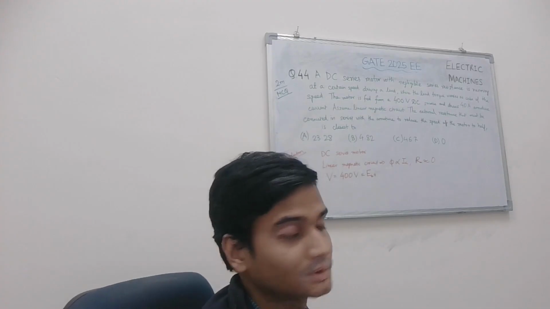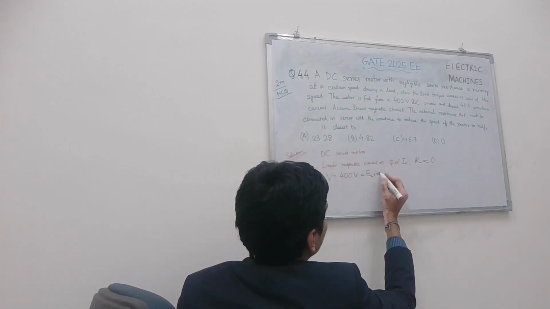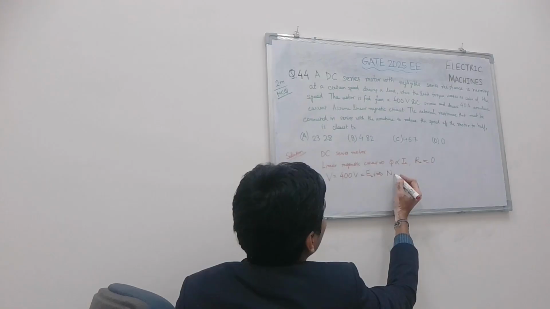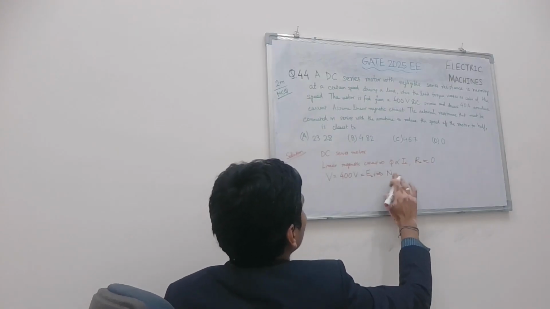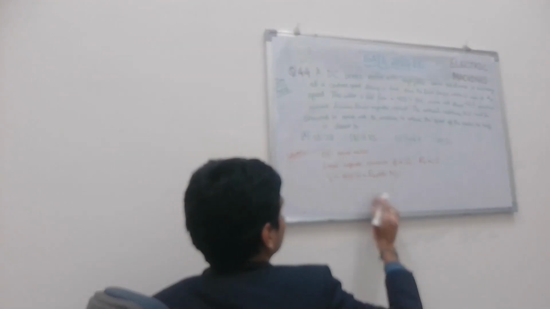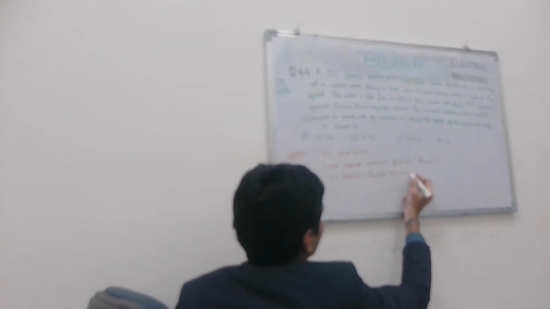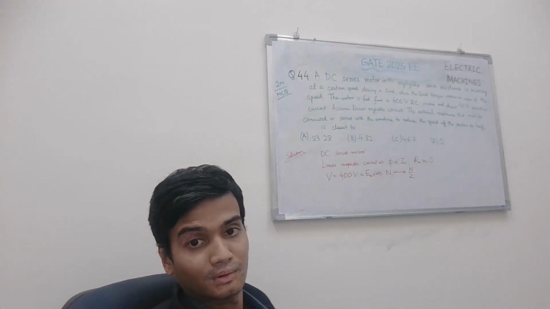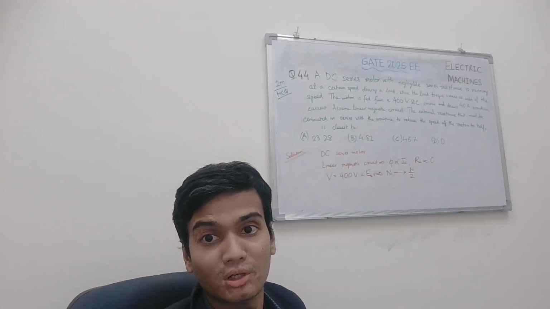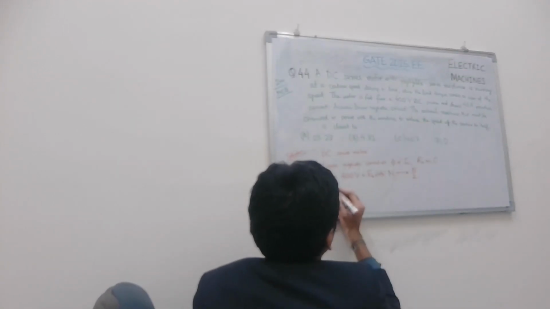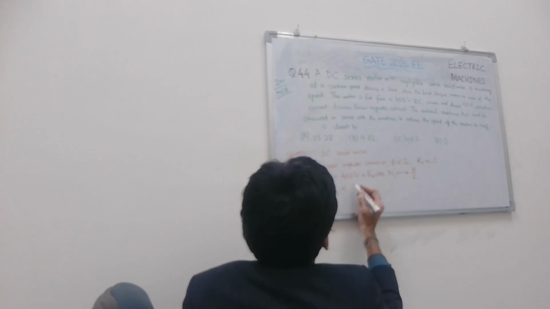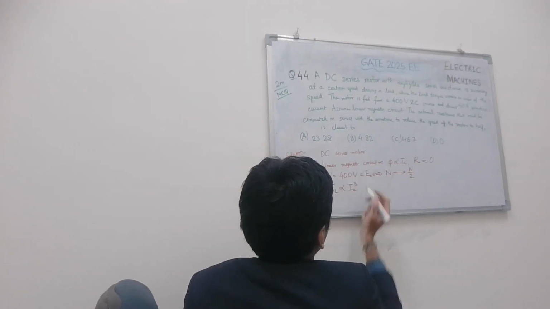Let's say the initial speed was n. Now we have to reduce the speed to n by 2, that is to half. For the DC series motor, the load torque TL varies as cube of the speed.